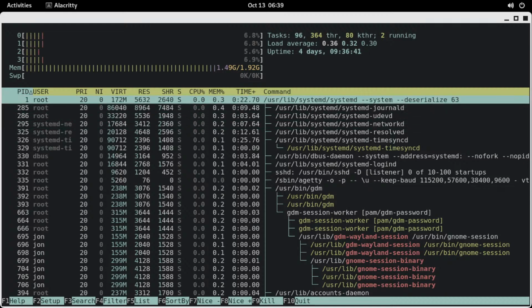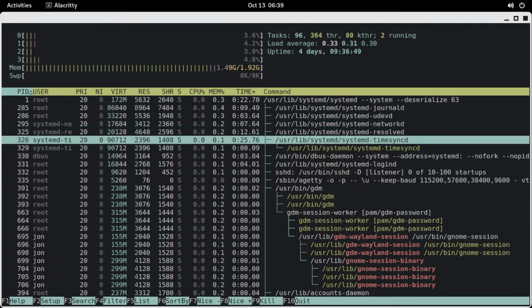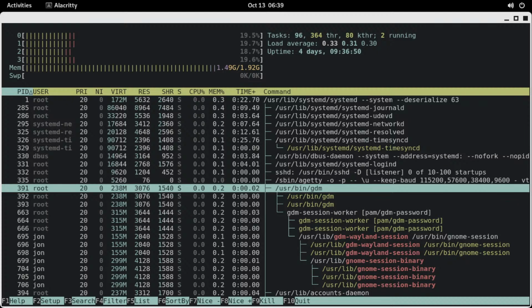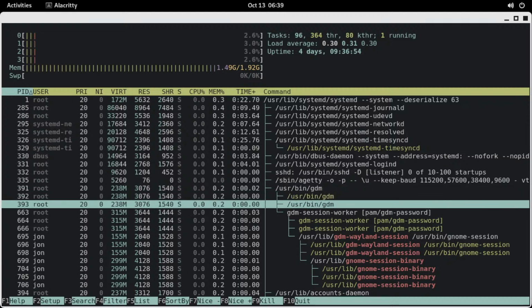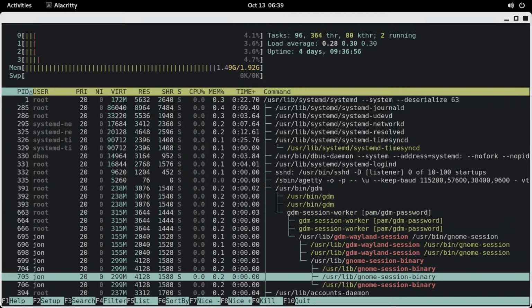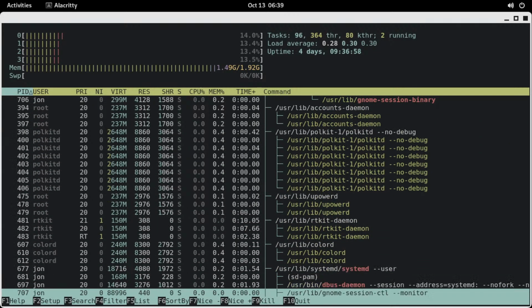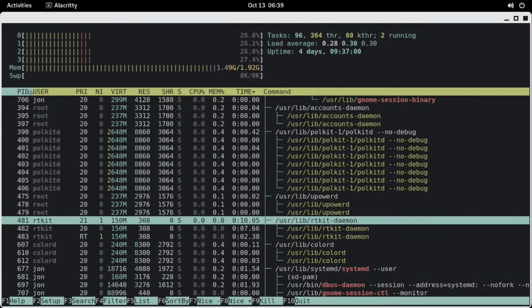If you look at the command on the right, all of the text in white means it's a process, and if it's in green, it means it's a kernel thread. For example, this process GDM here has 2 extra kernel threads in it. Let's go through and see if there's anything with interesting priorities. Here's this process whose niceness is 1, so it's a slightly lower priority.